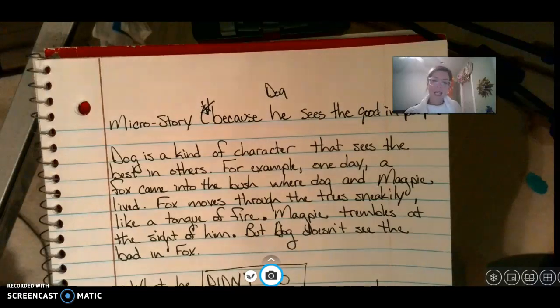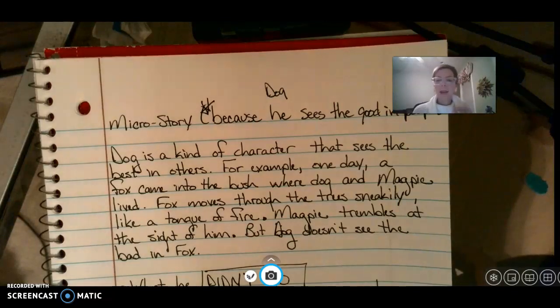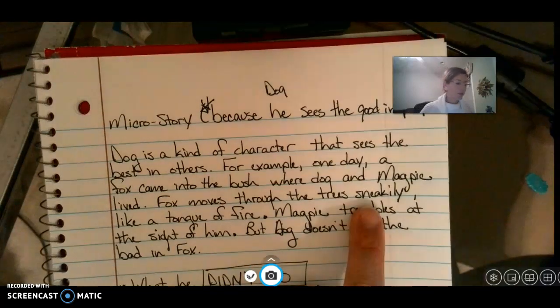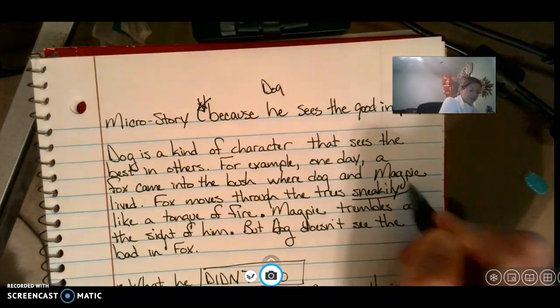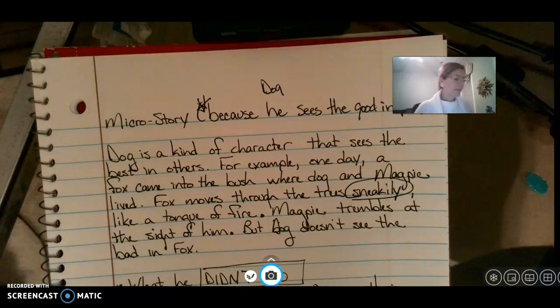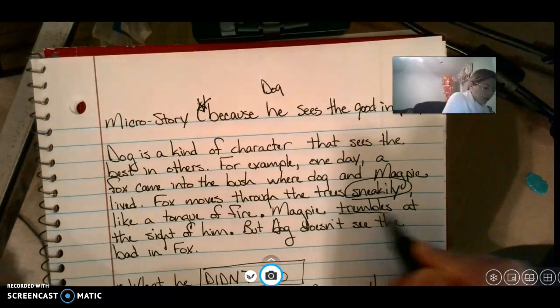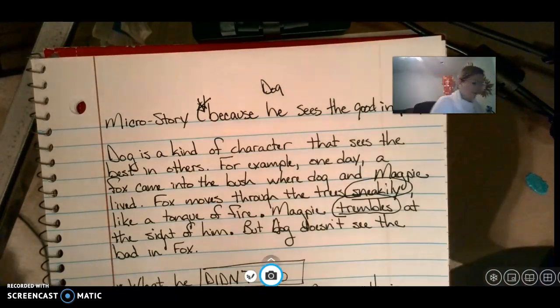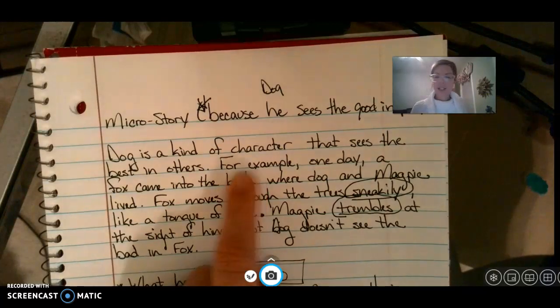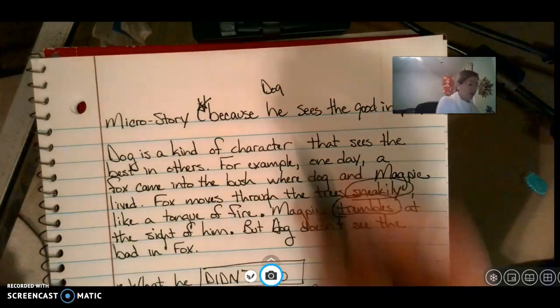So I'm kind of retelling what happened in the story in my own words, but I am using a few details from the text, like the word sneakily. Magpie trembles. And do you notice I used a transition here? For example.